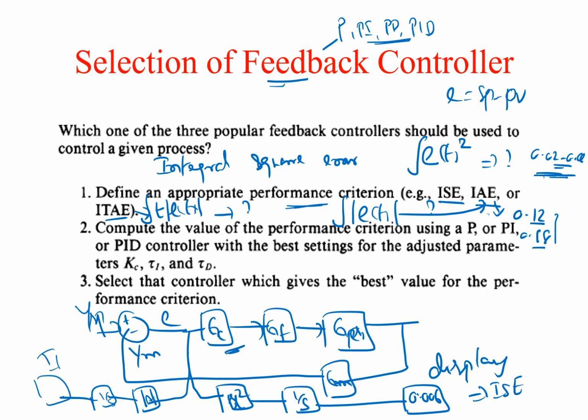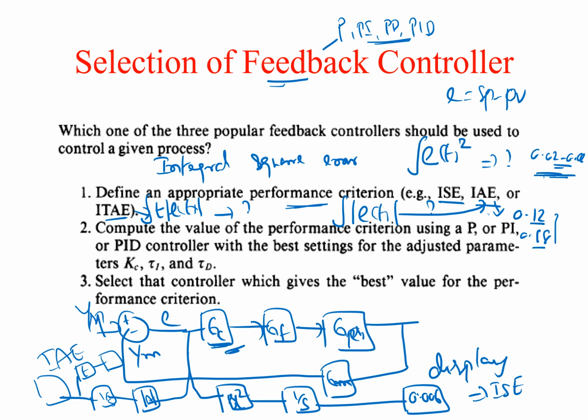So this displays IAE. Then the same thing: here you have IAE, and if that is multiplied by t, this is ITAE. So likewise, we can connect it and then change the controller, or change the controller parameters to achieve the standard range.